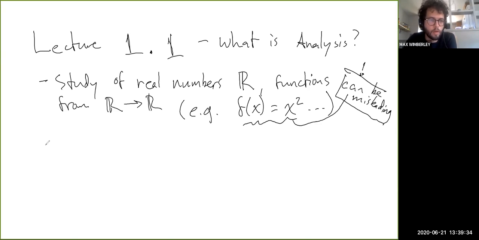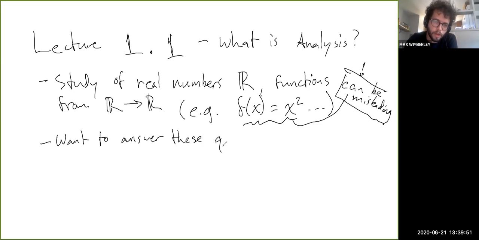And what do we want to be able to say about these functions? The fundamental questions we're trying to answer here, among others.